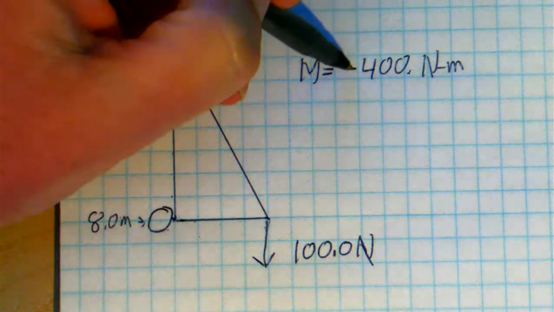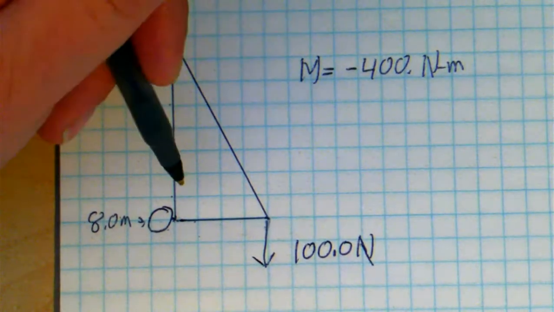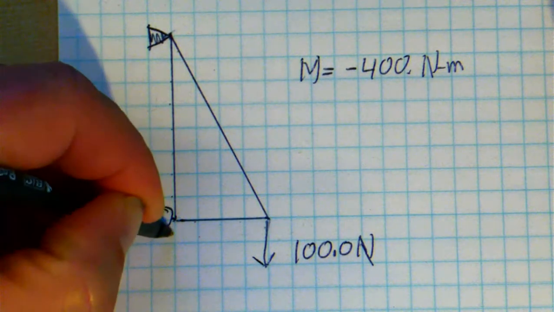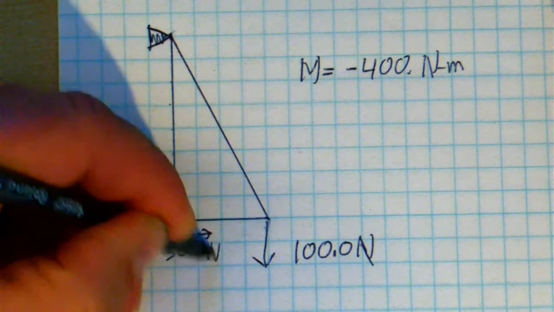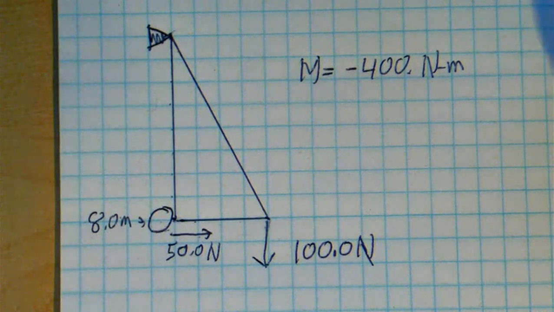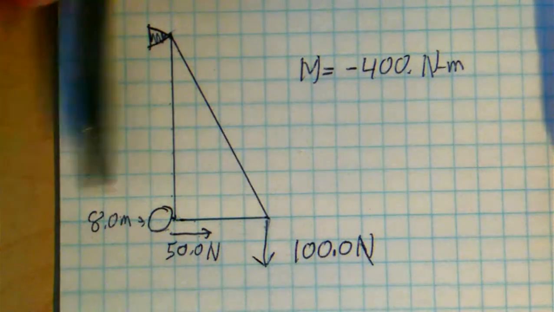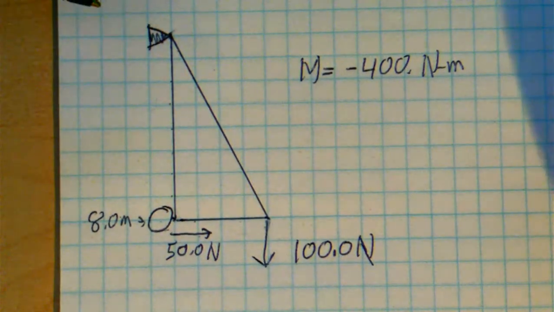Now make that positive 400 Newton meters because we want it to cancel. Divided by 8 means there is a reaction force of 50 newtons pushing outward from the wall. Imagine if this wall weren't here, this structure would rotate underneath the vertical from this pivot point.